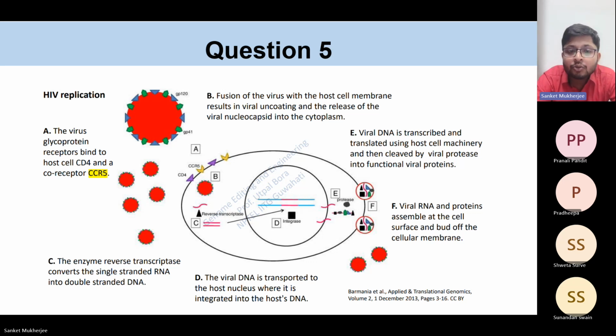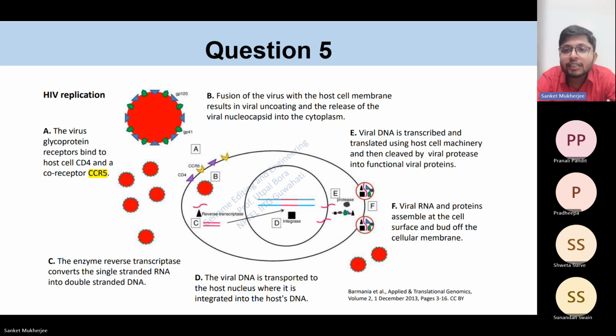So what happens? They have GP41 and GP120. These are glycoproteins present on the surface of the virus. They help them to attach to CD4 and CCR5. Now, when it gets attached, the host cell membrane helps in internalization of the virus. It gets inside the cytoplasm. Once it gets inside the cytoplasm, what happens?